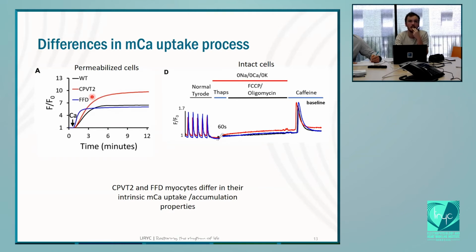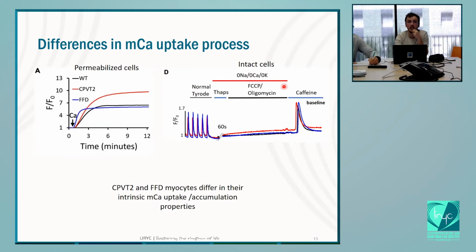And so they've seen that in FFD, it goes faster, but at a lower maximum. And in CPVT2, mitochondria seem to have a bigger maximum and can accumulate much more calcium.